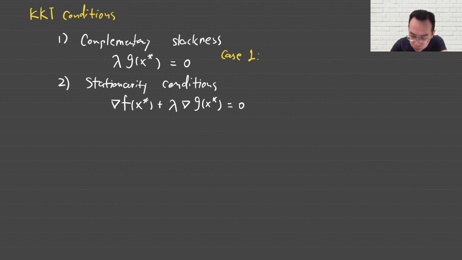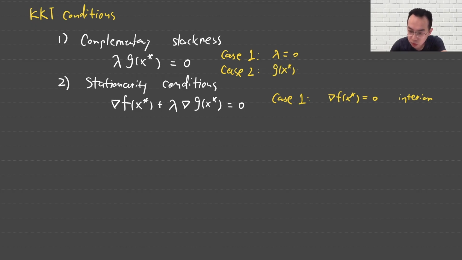When lambda equals to zero, the gradient of f at x star equals to zero, right? Because the second term goes away. This is the interior case. Then case two for the complementary slackness is that g of x star equals to zero, right? So this is the case when the solution lies on the boundary.